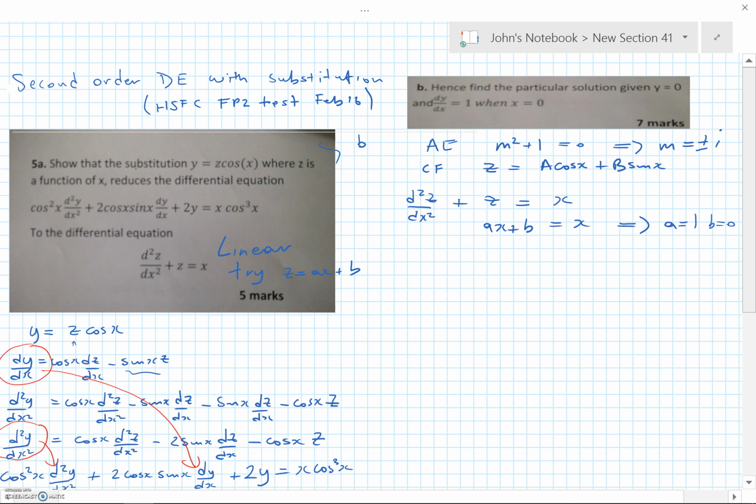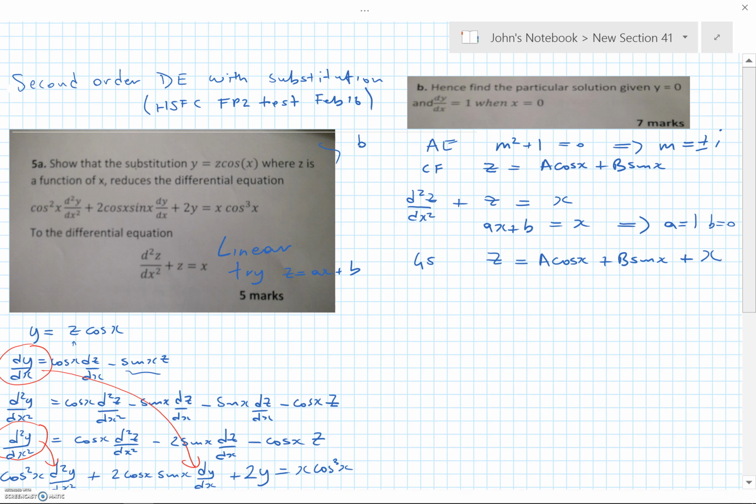Okay, so that gives us our general solution for z: z equals a cos x plus b sin x plus this particular integral we've just found, which is just x. Okay, because a is 1 and b is 0.